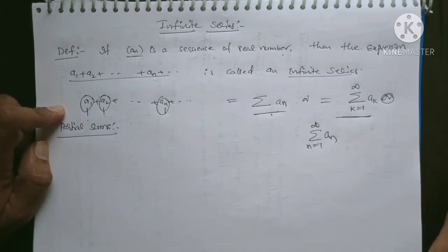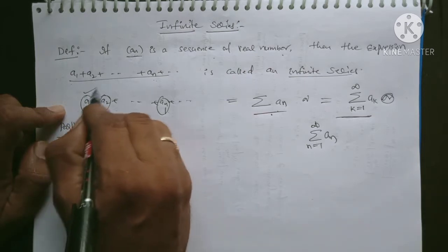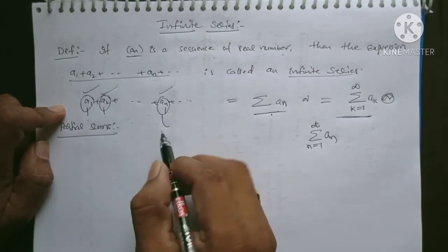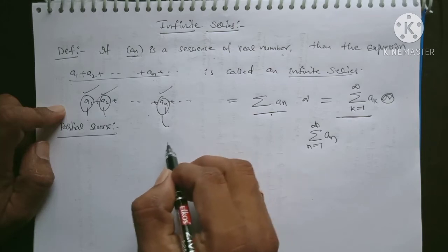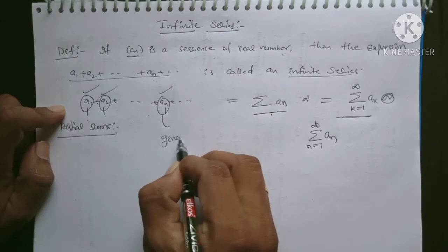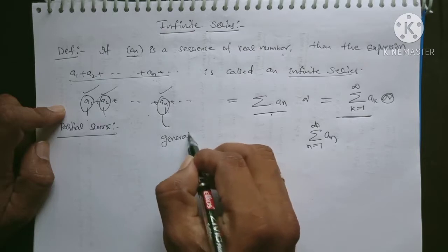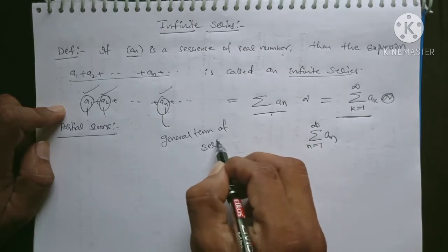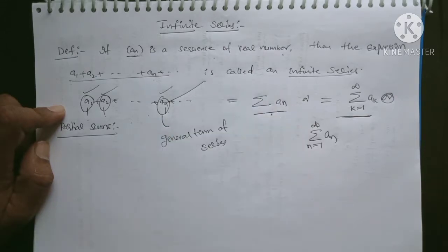This is the infinite series in which a1 is the first term, a2 is the second term and so on. An is called the nth term, which is also called the general term of the series.